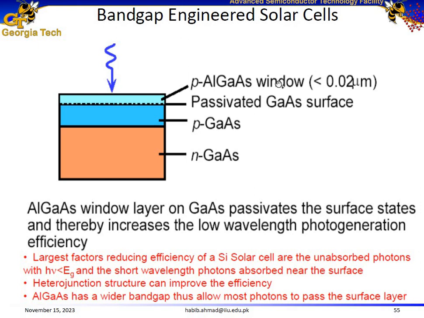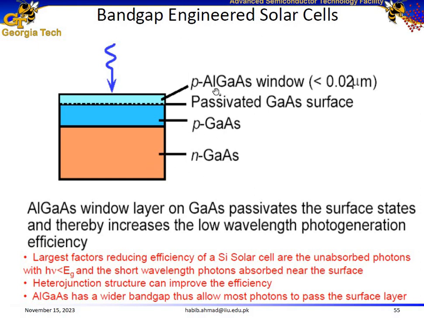Another approach to improving the efficiency of solar cells is band gap engineered solar cells. For example, at the top we might have a wide band gap material, and then we might have layers of narrow band gap materials. Gallium arsenide has a band gap of 1.4.